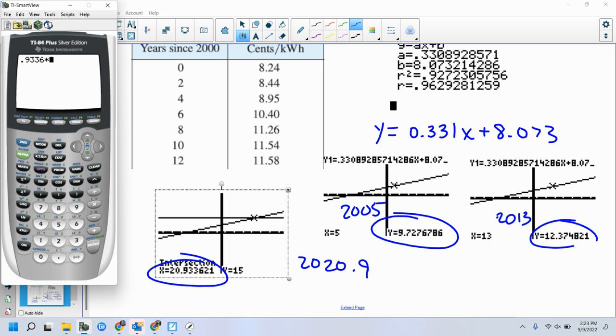0.9336 times 12, in November of 2020, back when life was, oh no, that was bad, that was still bad life. Subtract 11 times the number of days in November. January, February, March, April, May, June, July, August, September, October, November. 30 days, not 33.